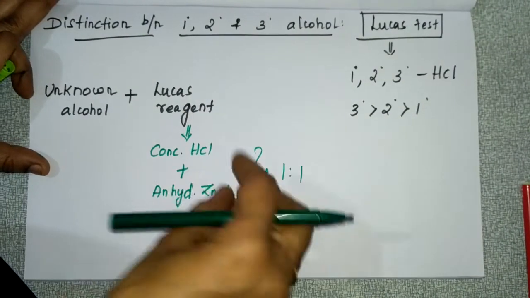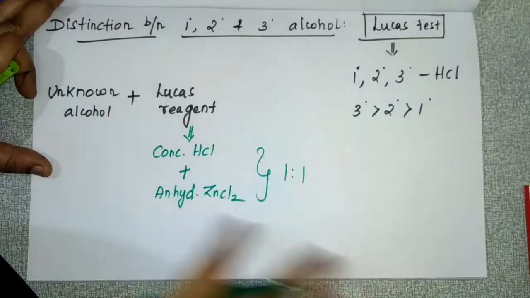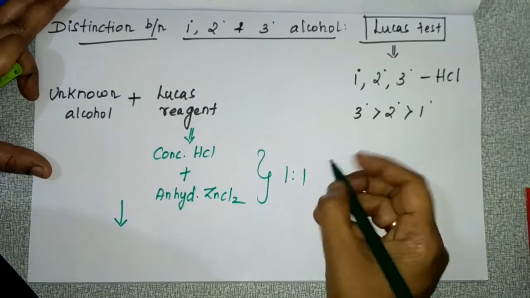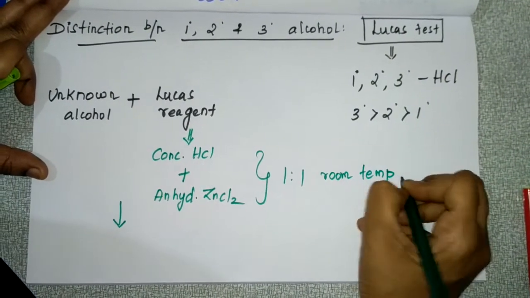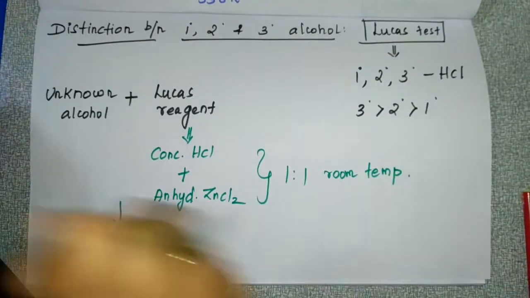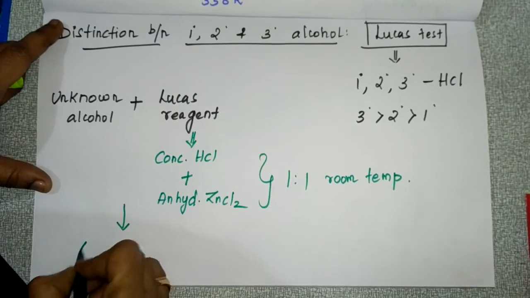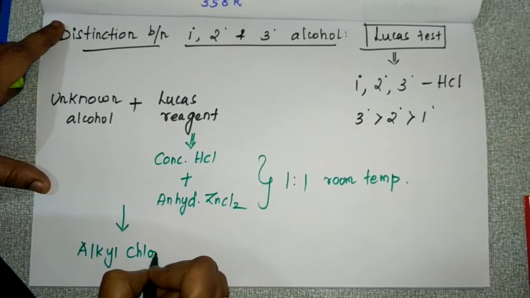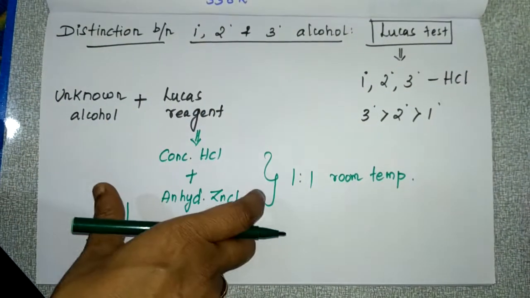When you add this Lucas reagent to the unknown alcohol, it should be at room temperature only. You mix it, shake it nicely. What happens? You will get alkyl chloride.